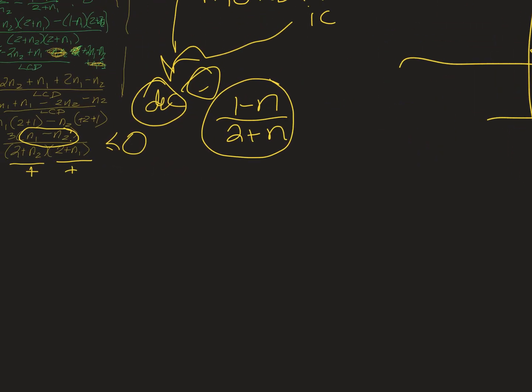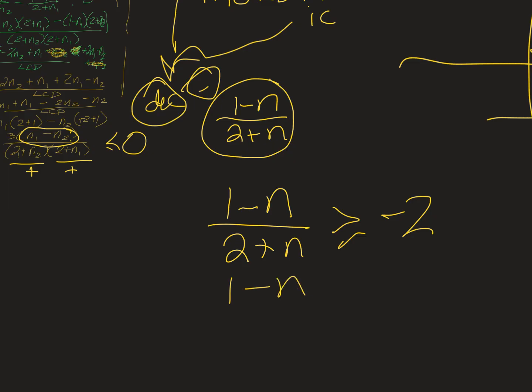Okay? And so I want to show that (1 minus n) over (2 plus n) is greater than or equal to -2. Okay? And so that's 1 minus n is greater than or equal to -4 minus 2n, which is n is greater than or equal to -3.